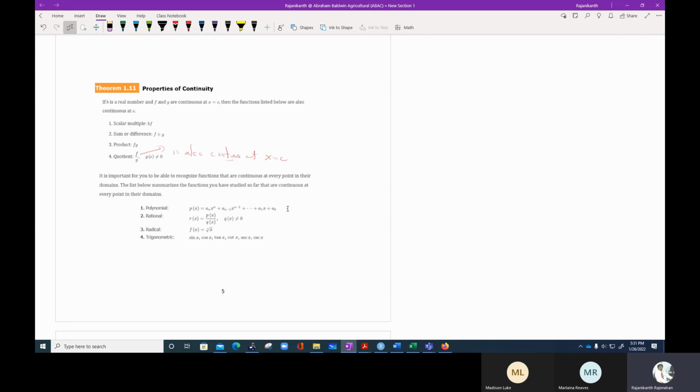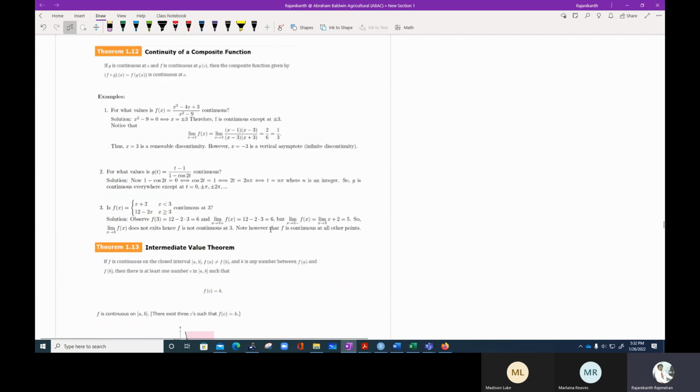Other than that, the function is continuous. The radical function is also continuous on its domain, and the trigonometric functions sine, cosine, tangent, cotangent, secant, and cosecant are all continuous on their domains.